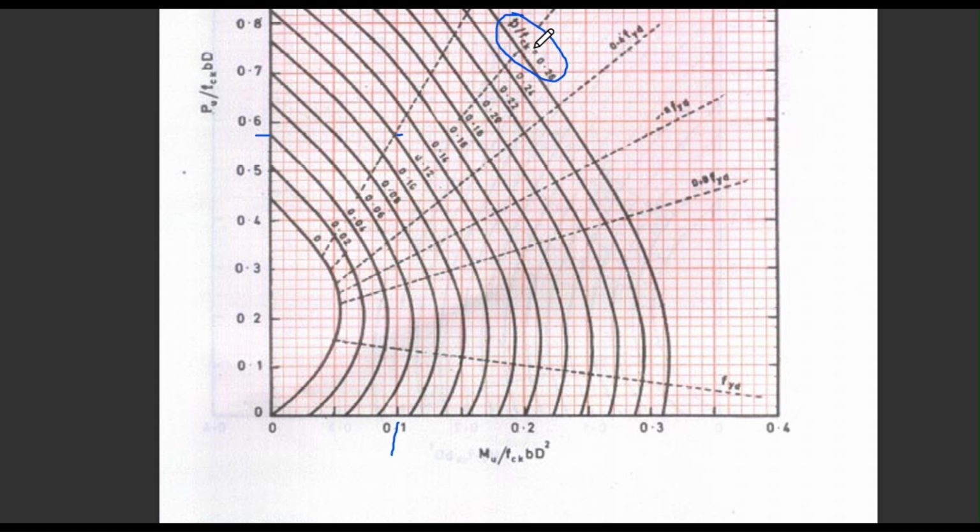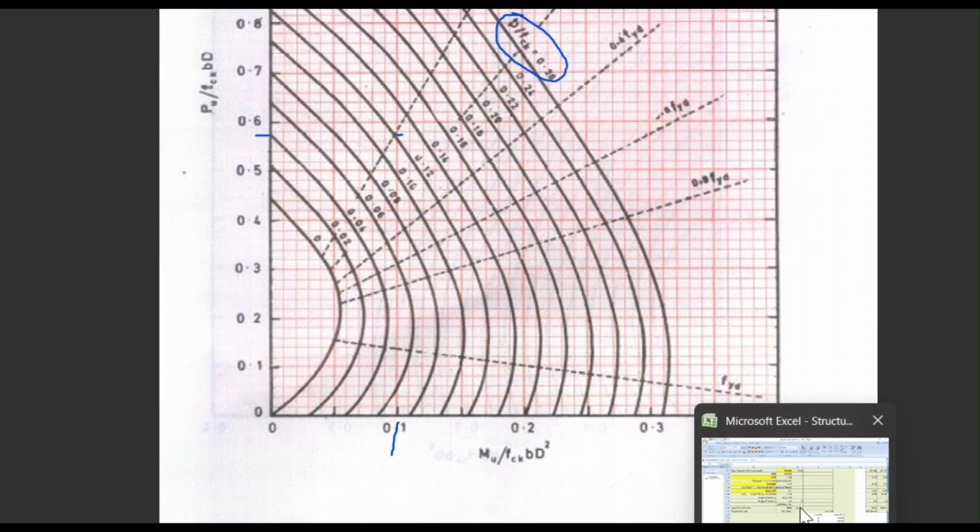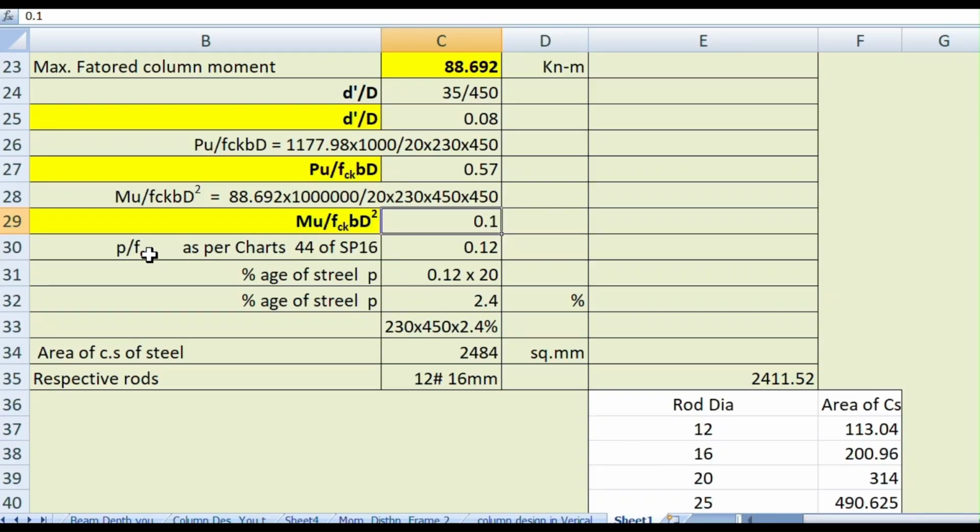As per chart number 44 of SP 16, this is 0.12. So p by fck is this much. Therefore, what is p? p means the percentage of reinforcement in the concrete. This comes as 2.4 on calculation. This is a percentage of what? The cross section of the column. 230 is the width, 450 is the depth, into 2.4%. The value comes as this much square mm.